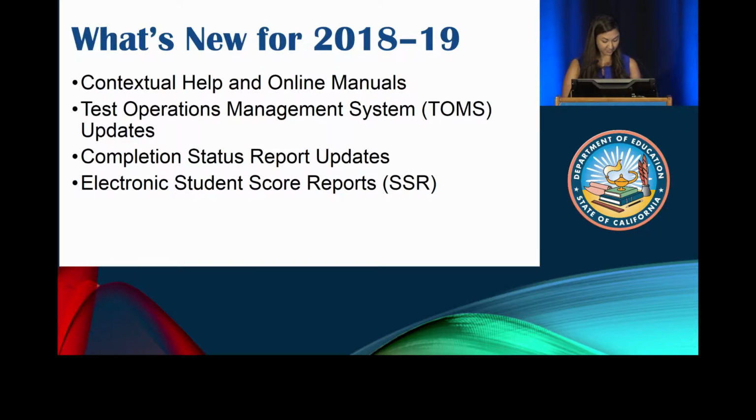The completion status reports, which my colleague Chad will discuss, have been enhanced to provide more search options and filter options. And then lastly, Chad will also go over electronic score reporting, which is very exciting. It's being rolled out this year, which will provide local educational agencies, LEAs, with a variety of options for making student score reports, or SSRs, available to families.